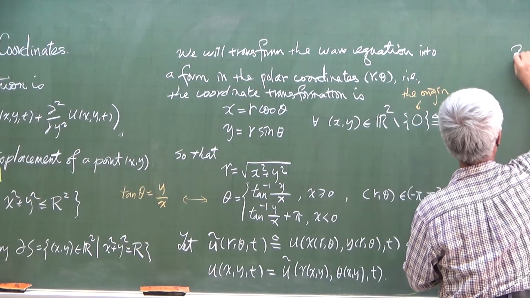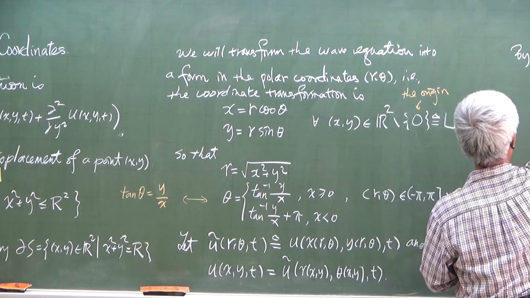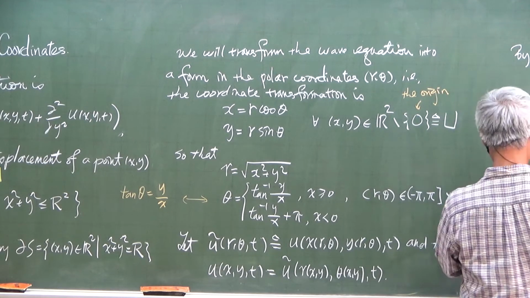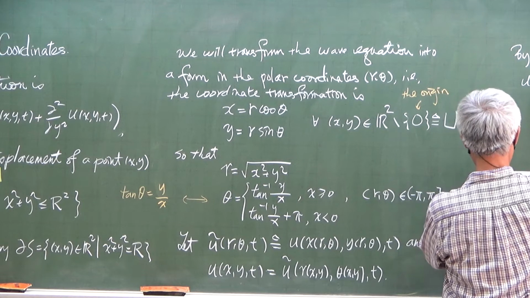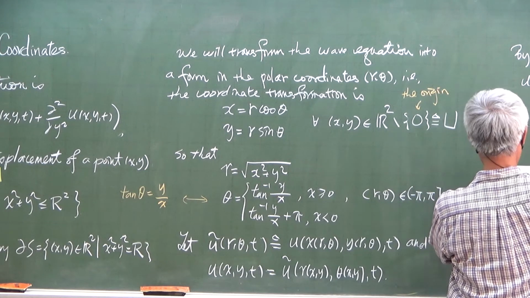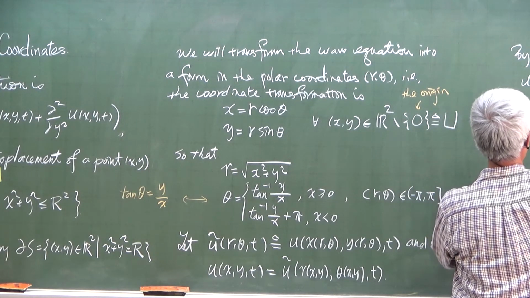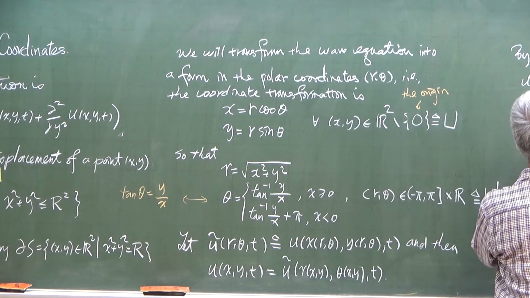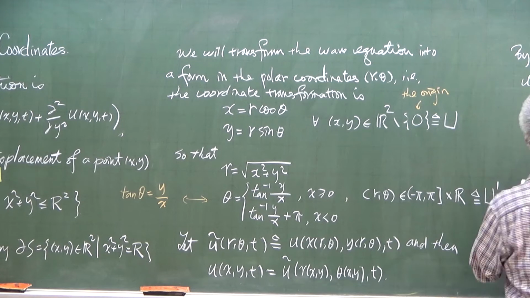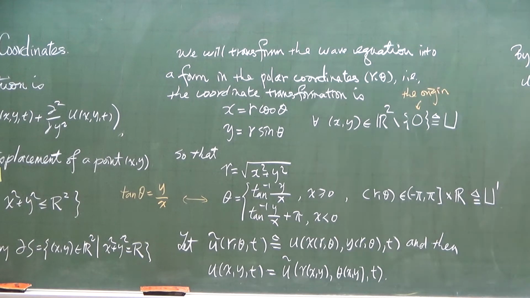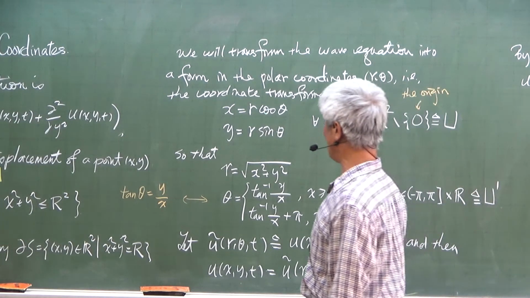So by the chain rule, we have u_x equal to u tilde_r r_x plus u tilde_theta theta_x. This is the first partial derivative of u with respect to x.